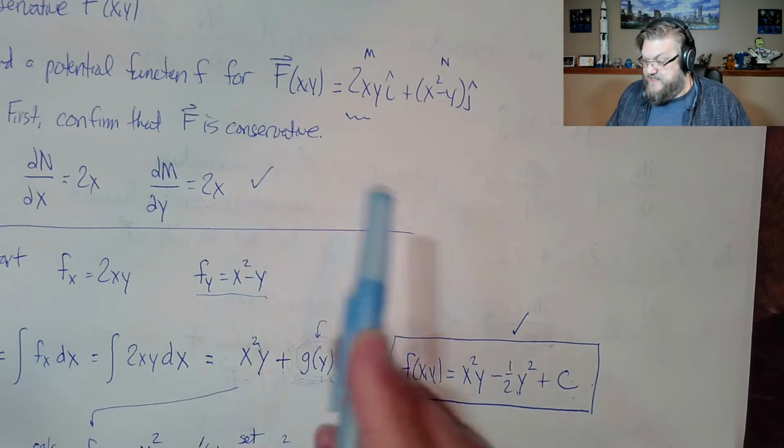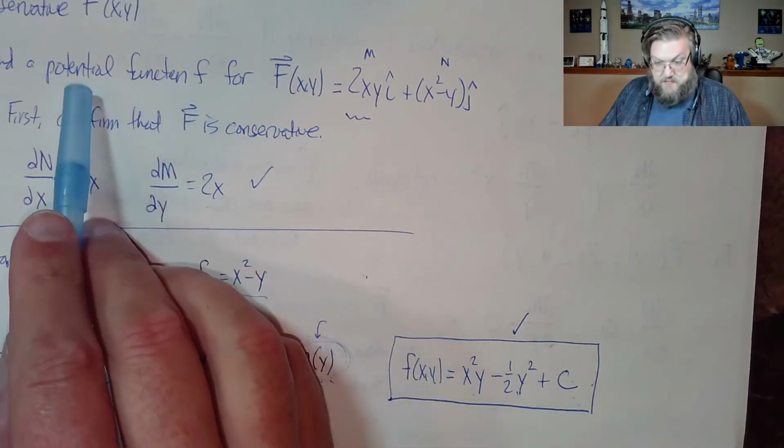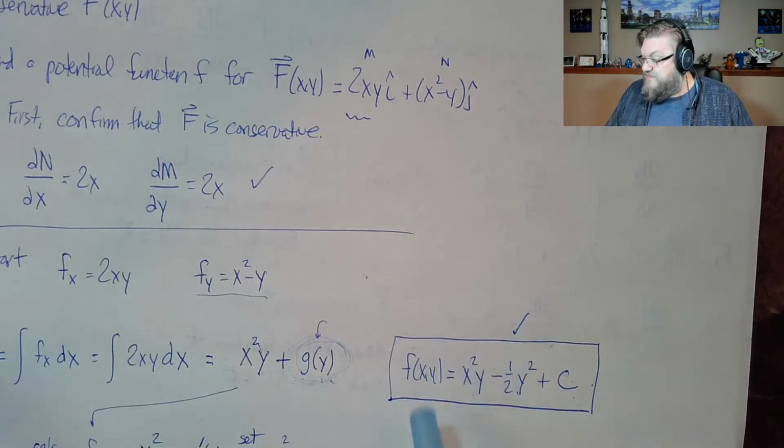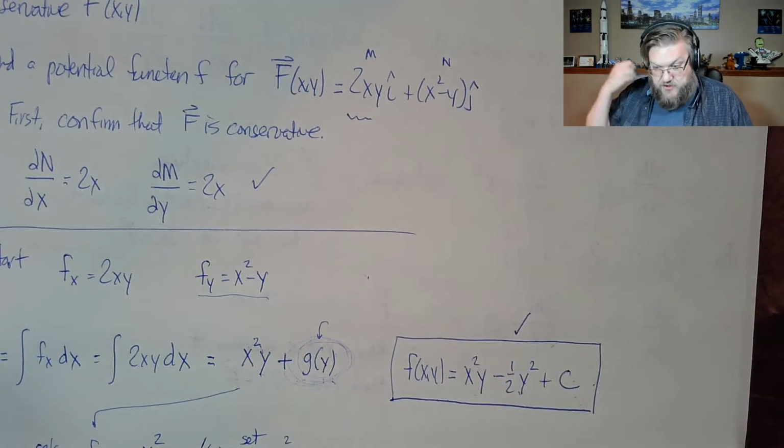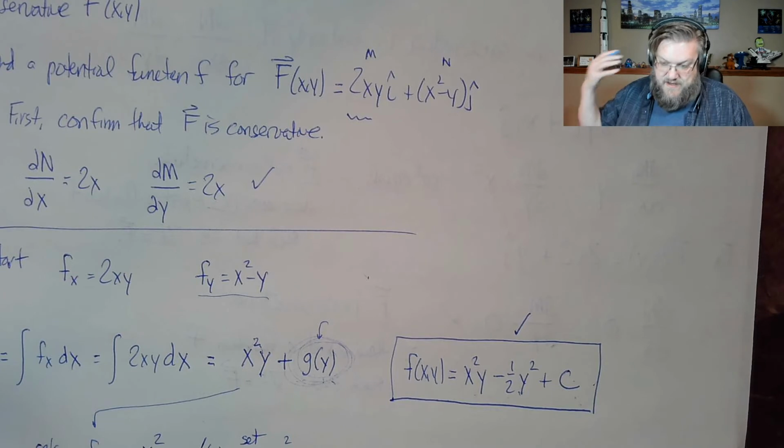That means there exists a little f called a potential, such that when I take its gradient, I get capital F. It's good to say that out loud a couple times to really get the players involved here, to get your vocab going in the right direction, yeah? Okay, awesome.